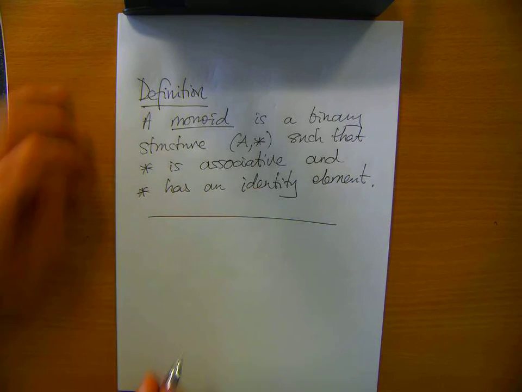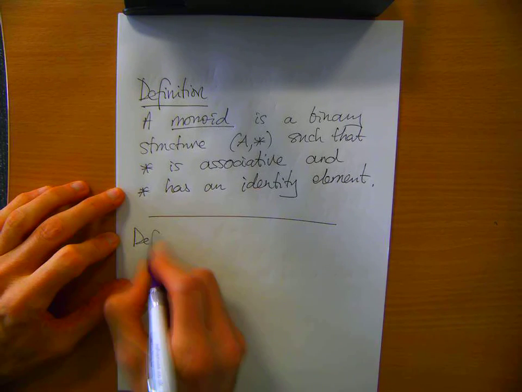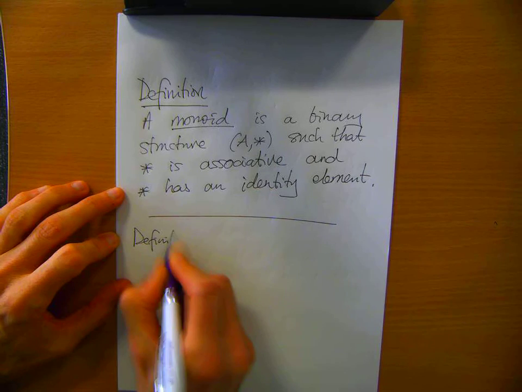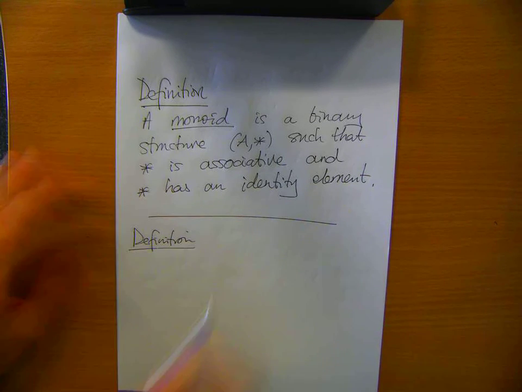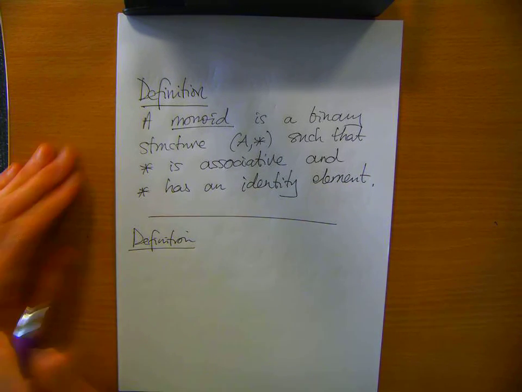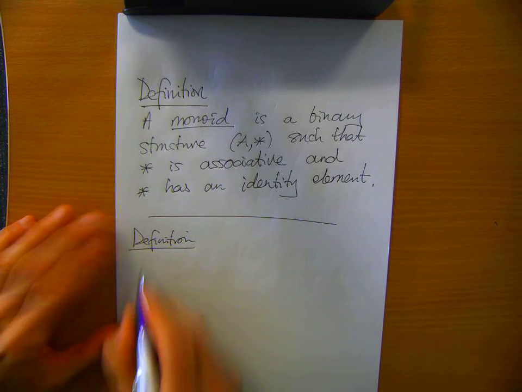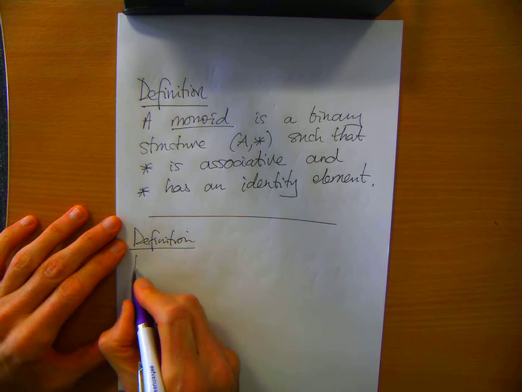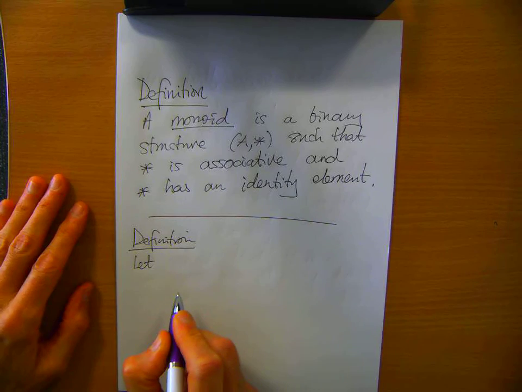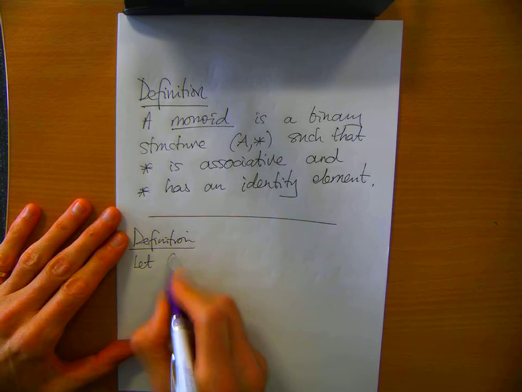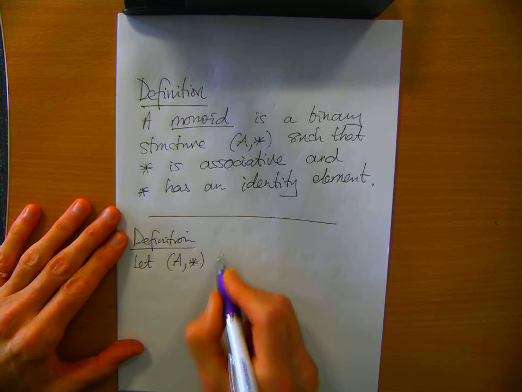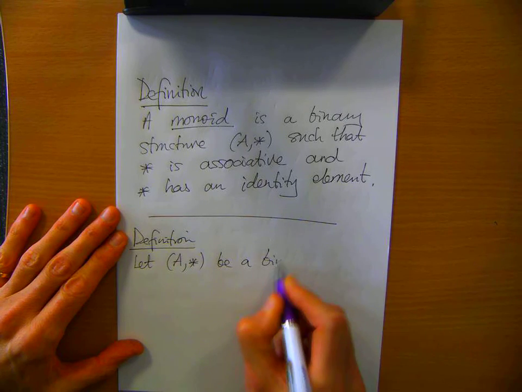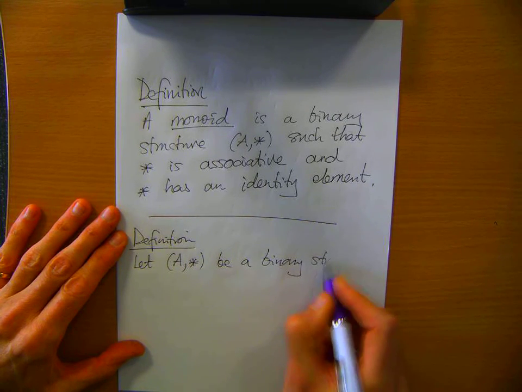Okay, another definition then, and this is really getting towards the main theme of a group. So we're now going to assume that we've got a binary structure as usual, and we're now going to assume we've got an identity element.